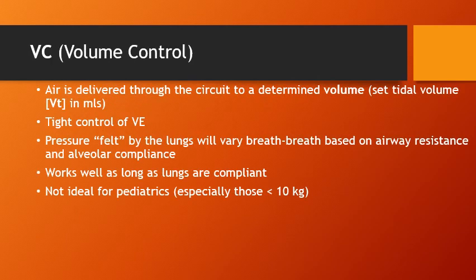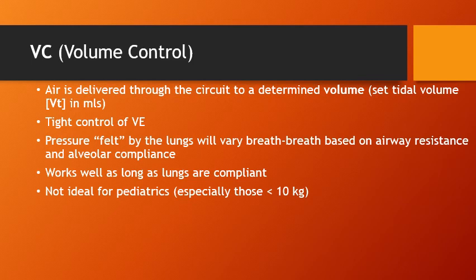The first breath type that we're going to talk about is volume control, abbreviated VC again. In volume control, air is going to be delivered through the circuit to the patient until a determined volume is met. That volume is something that we choose as well. That's the tidal volume, or the VT, in milliliters.